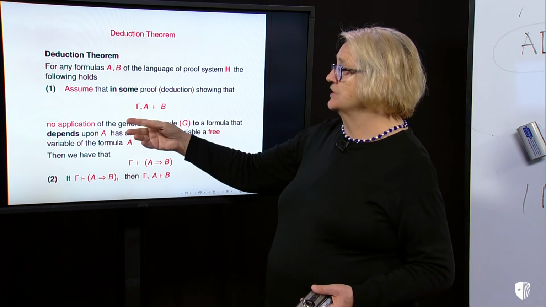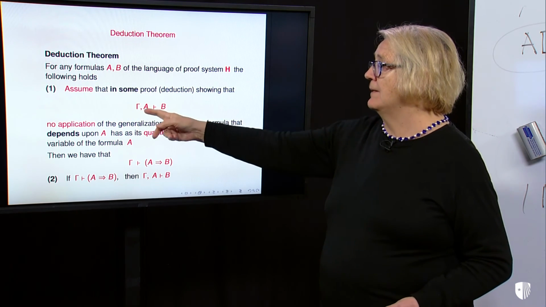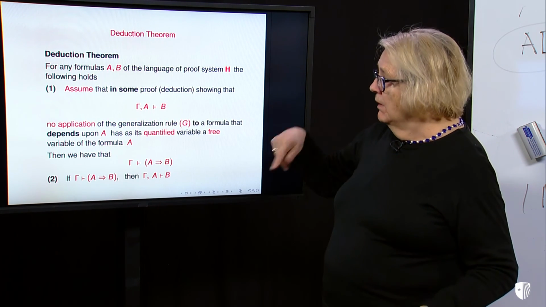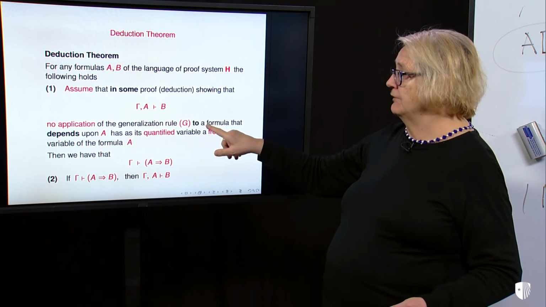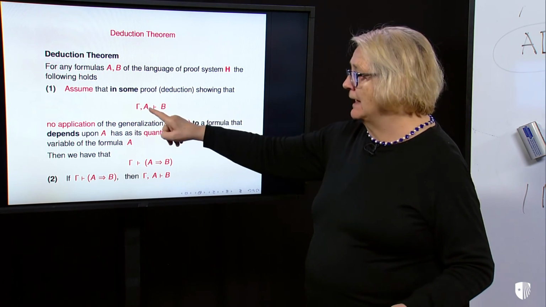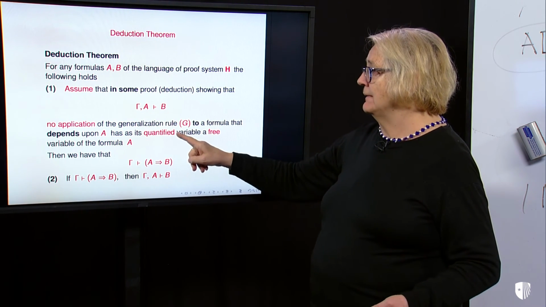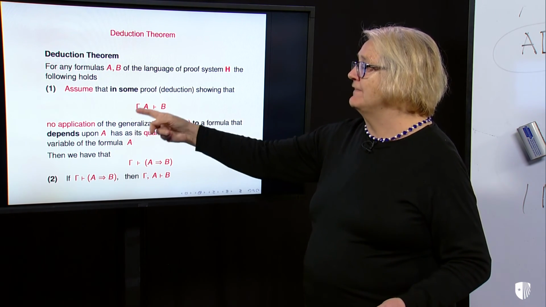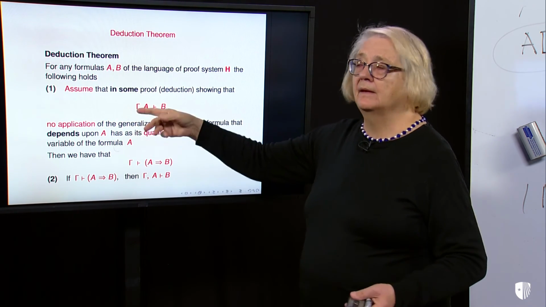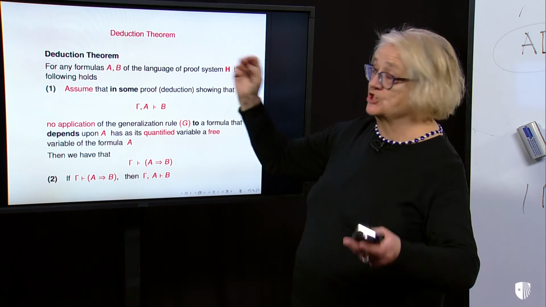So now we have the deduction theorem. Assume that we have some proof of B from gamma and A, where no application of the generalization rule to a formula that depends upon A has as quantifying variable a free variable in formula A. So you have that special condition.